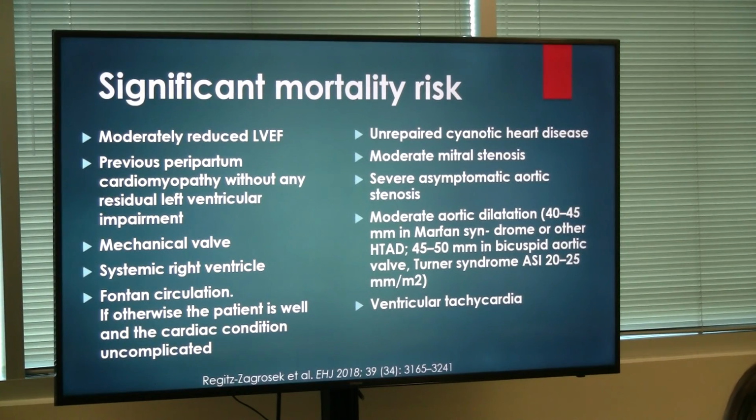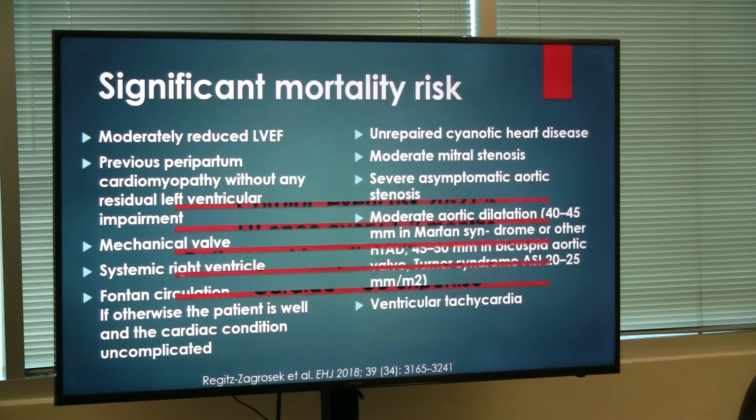Then there is significant mortality risk, and that list is even longer. So moderately reduced LVEF, previous peripartum cardiomyopathy even without any residual left ventricular impairment, mechanical valve, systemic right ventricle, Fontan circulation in a well-compensated patient, unrepaired cyanotic heart disease, moderate mitral stenosis, severe asymptomatic aortic stenosis, moderate aortic dilatation in Marfan, more than 40 millimeter and more than 45 in bicuspid aortic valve, ventricular tachycardia.